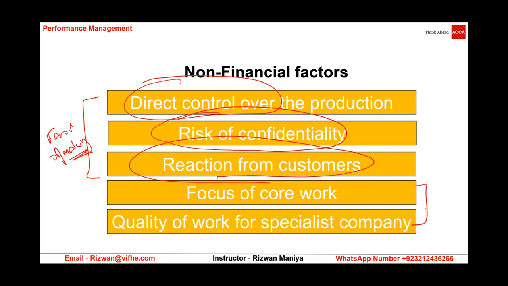When we discuss we cover both sides. So these are in favor of making and against buying, the first three, and the next two are in favor of buying and against making.